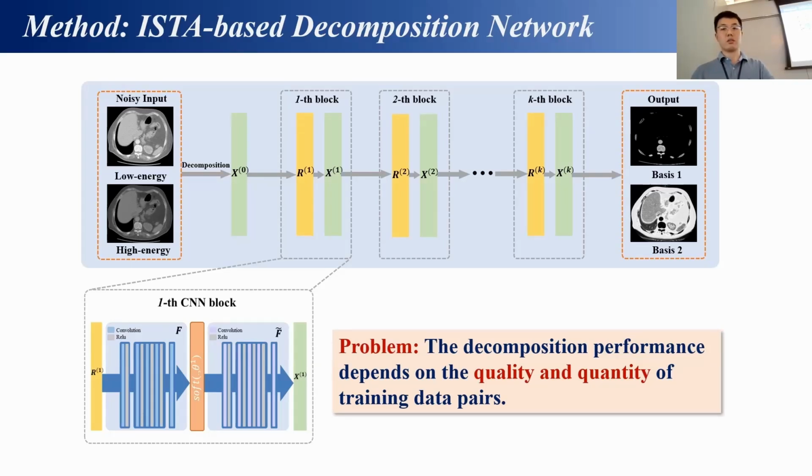This method makes the deep learning model interpretable and can effectively solve the problem of difficult parameter selection in comparison with the traditional iterative reconstruction algorithm. However, the performance heavily depends on the quantity and quality of the training sample pairs, and high quality basis images may not be obtainable in actual clinical practice.